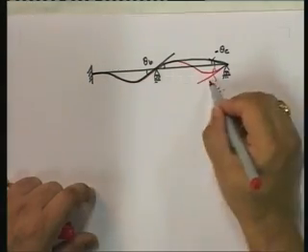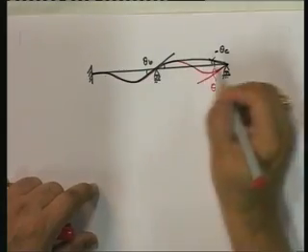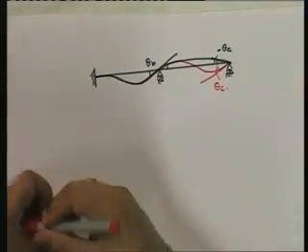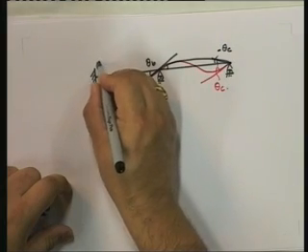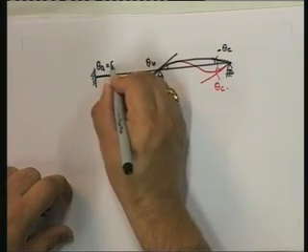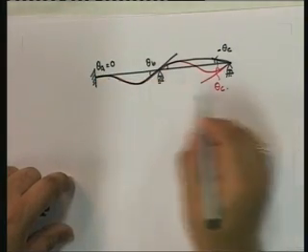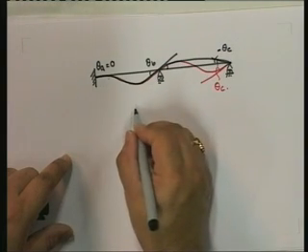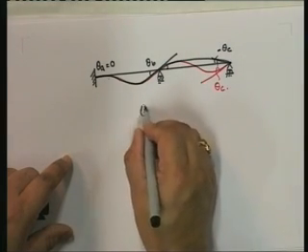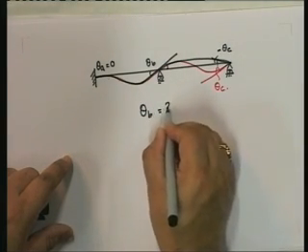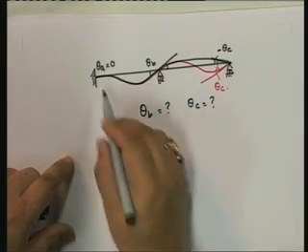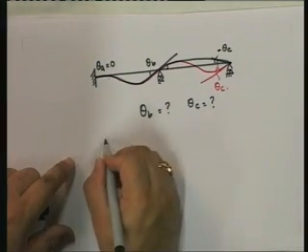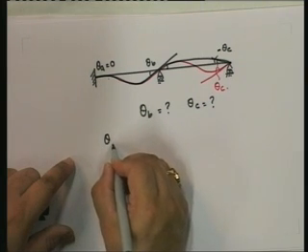So that means what we have are 2 unknowns. Look here, the theta a is equal to 0. Theta b we don't know, theta c we don't know. So what we don't know are theta b and theta c. But for the member boundary conditions, we know theta.